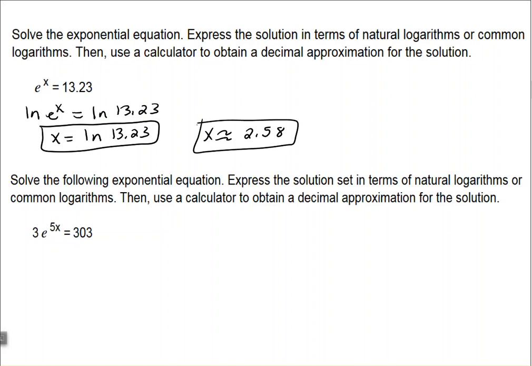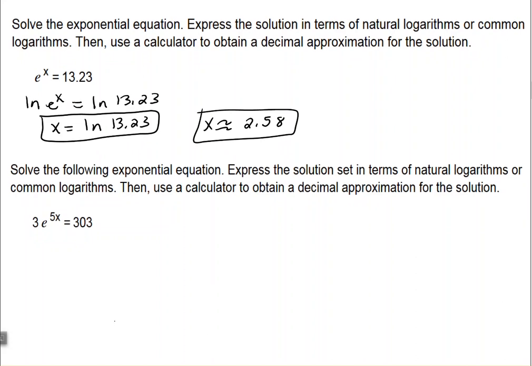Okay, so on this next one, we're going to do the exact answer only, and you can use the calculator to find the decimal approximation. We have 3 times e to the 5x power equals 303. So we would divide both sides by 3, to isolate the e to the power of 5x.